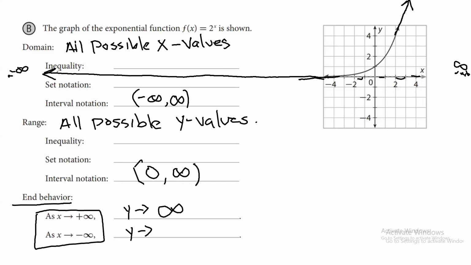So where is it going towards? Somebody take an educated guess on that. Kayla? 0. Yes. It's going towards 0. It's not ever going to hit zero, but it's going towards it. Right?